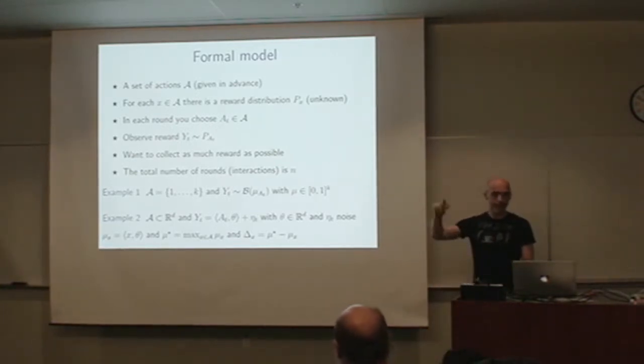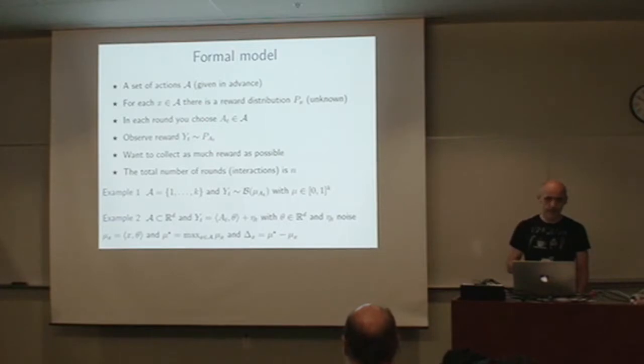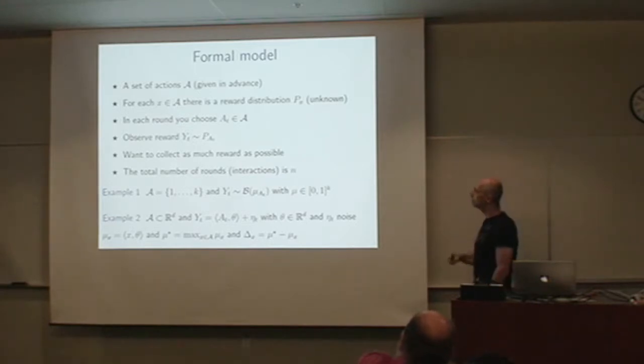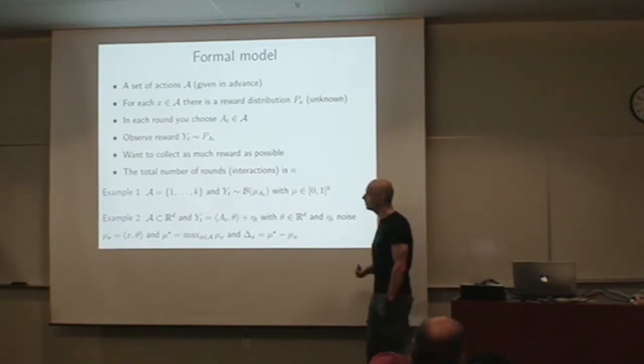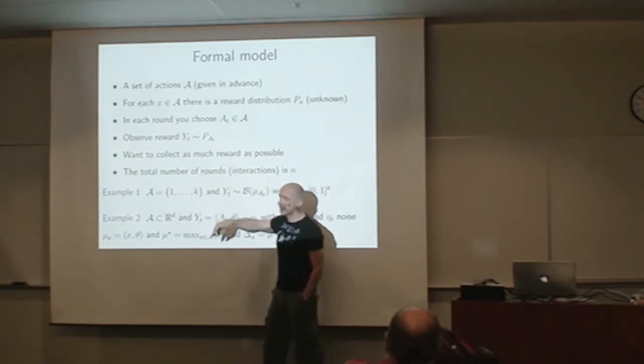So you have A, and you can imagine that you just have numbers in that from 1 to, I don't know, K or something. And for each of those elements there is an unknown distribution. It's a payoff or reward distribution, and in each round you're going to choose one element of this set.